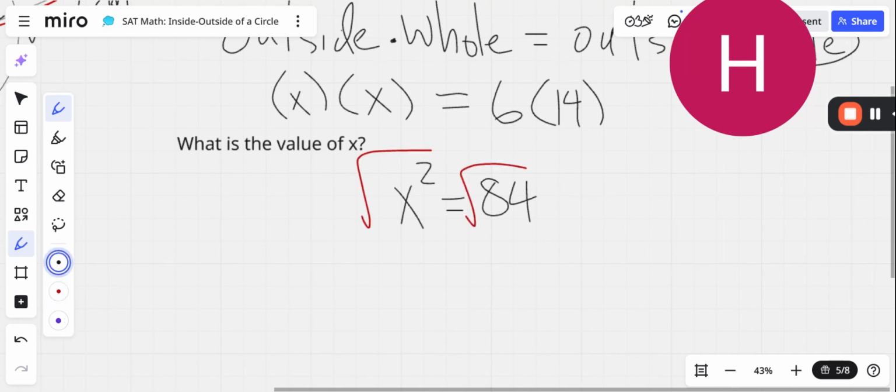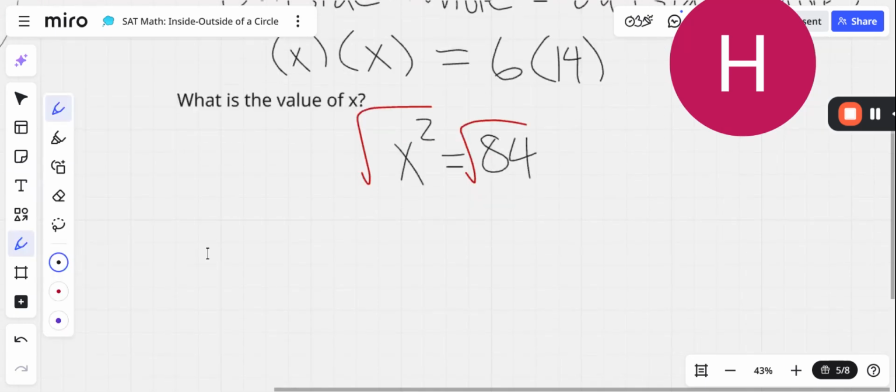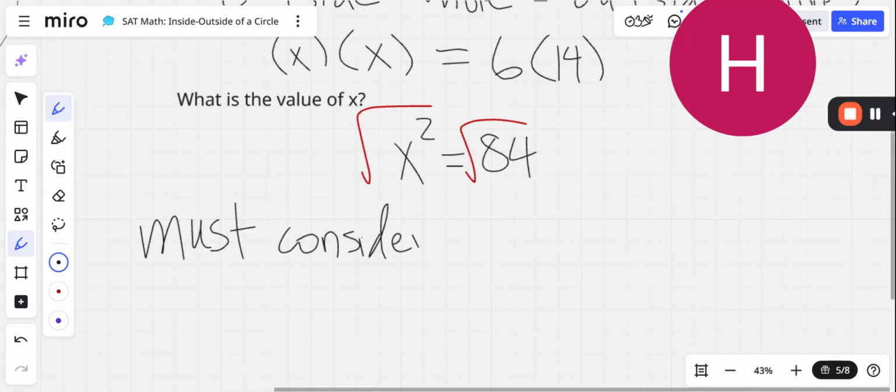Whenever we use the square root to solve an equation, we must consider plus or minus. That's just a great habit to get into whenever you're taking square roots. Now, when you consider plus or minus, what do I mean by consider it?